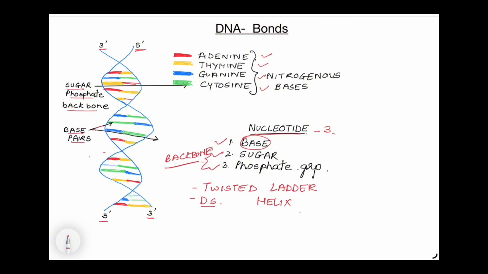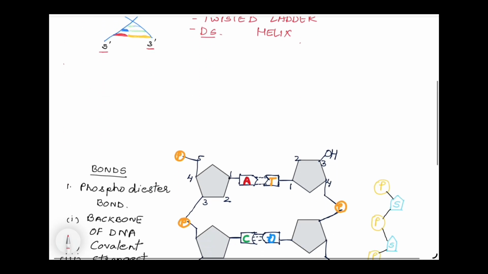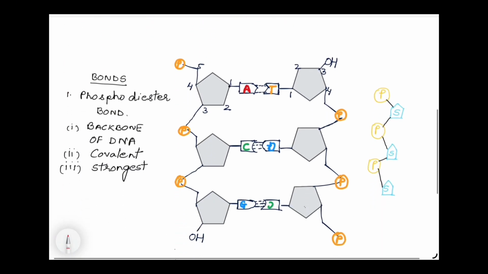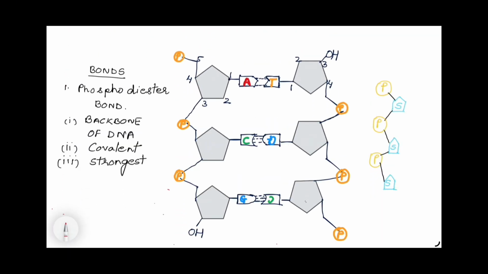Now, let us understand various bonds in DNA. Let us look at this figure now. This is again a DNA double-stranded molecule, and we will first of all start with phosphodiester bond, the first type of bond which we are studying in DNA.